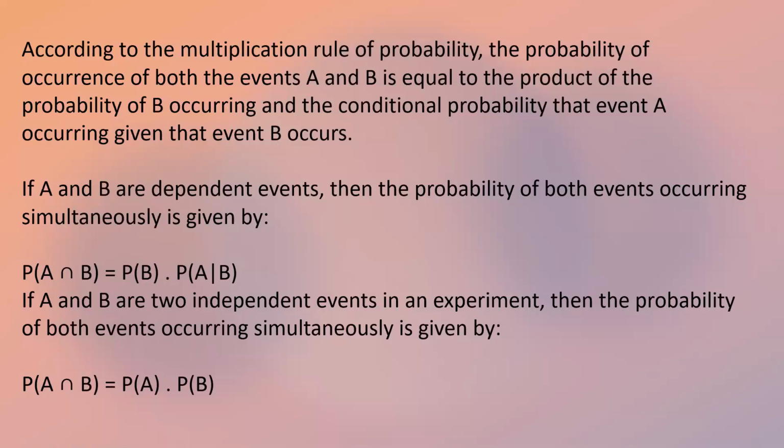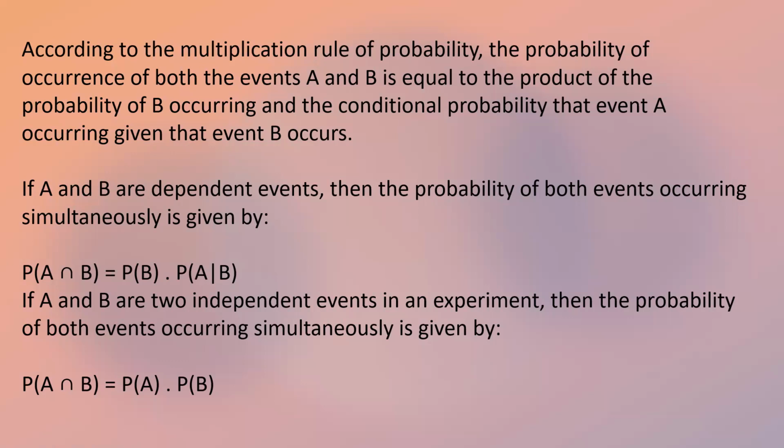Now we will start the multiplication rule. According to the multiplication rule of probability, the probability of occurrence of both events is equal to the product of the probability of B occurring and the conditional probability of event A occurring given that event B occurs. This is a difficult point, so I will try to explain it in very simple terms.